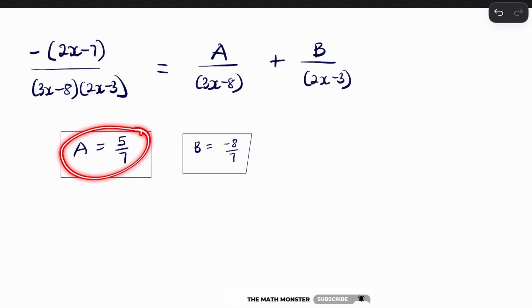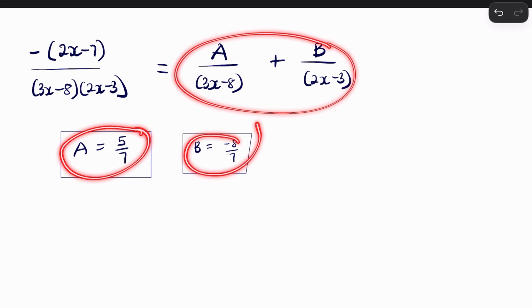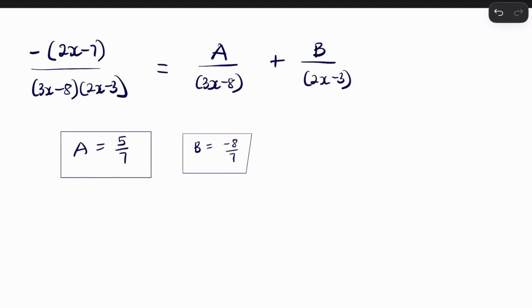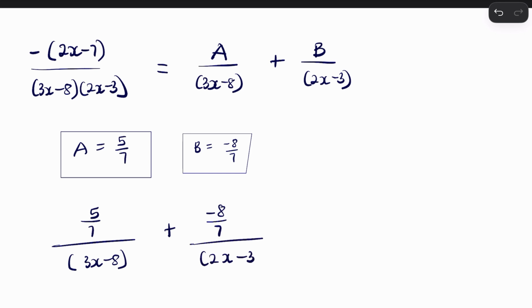So we are going to substitute these values into the partial fraction terms. So we are going to have the partial fraction given as A is now 5/7, so that will be (5/7) divided by (3x - 8), plus B is now -8/7, divided by (2x - 3).